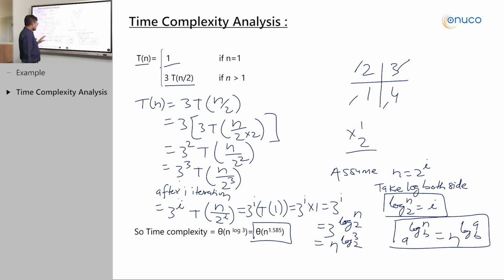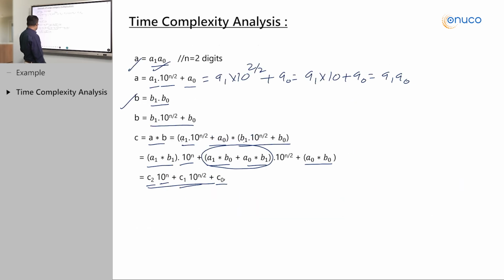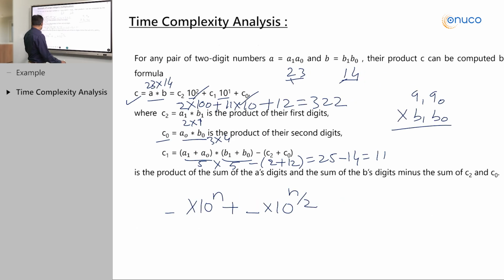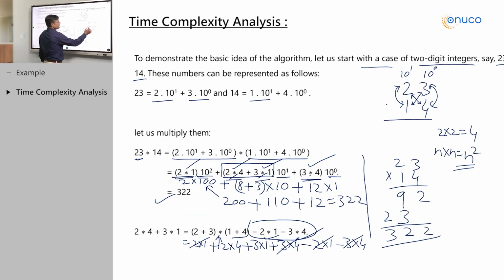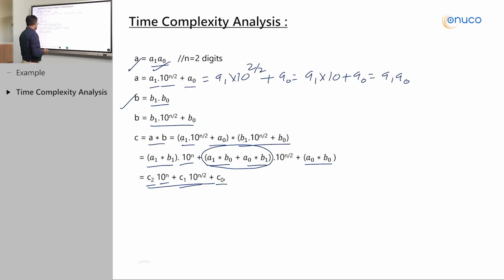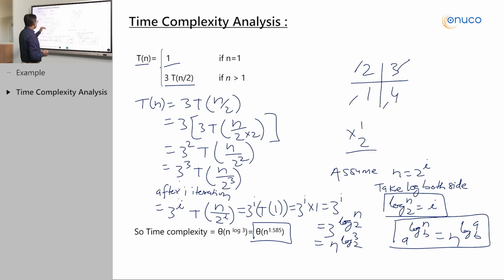1.585. Just as I told you, in regular multiplication we have time complexity of n square. If the number of digits is n and you are going to multiply n digits, time complexity will be n square. That many multiplications you are going to use. Here, by using the divide and conquer strategy, we are able to reduce the number of multiplications.